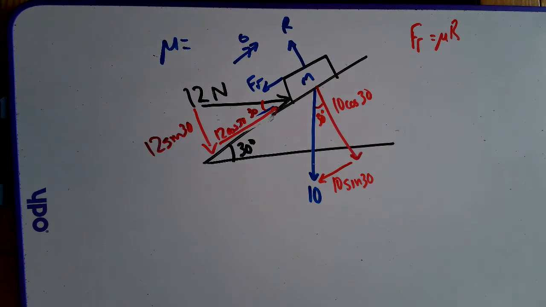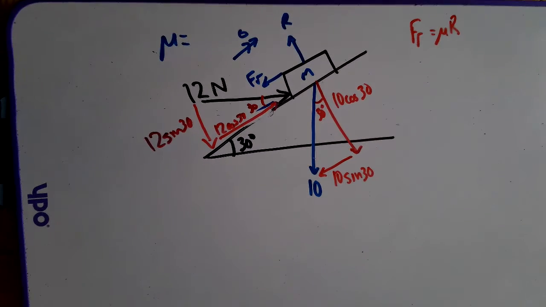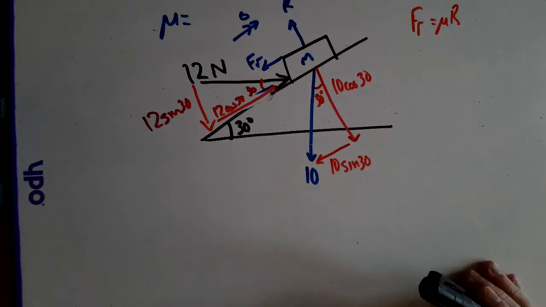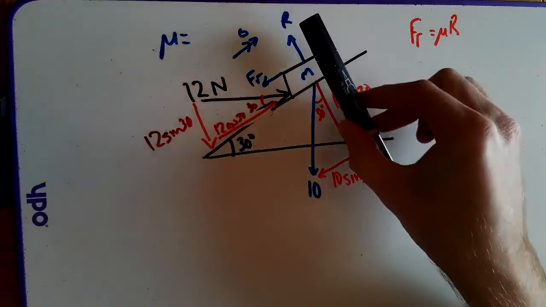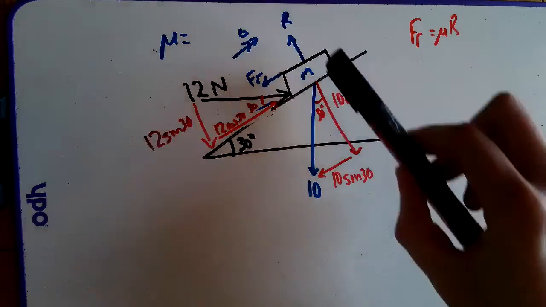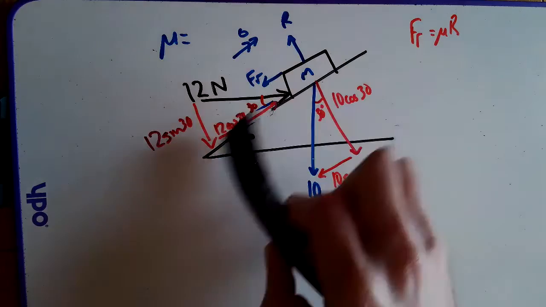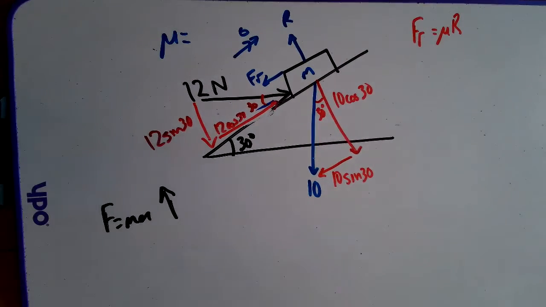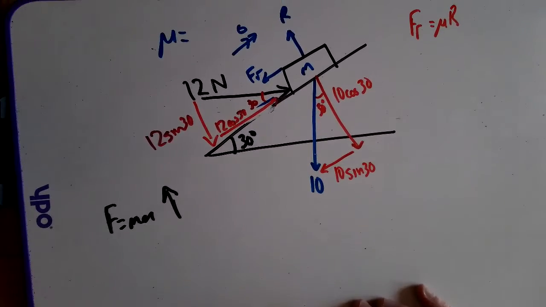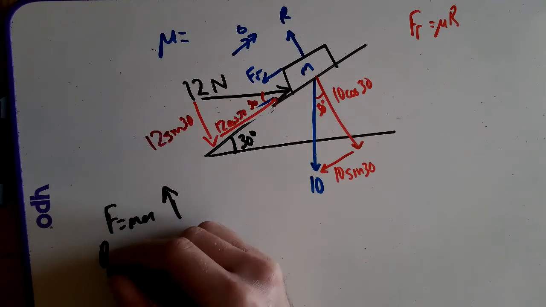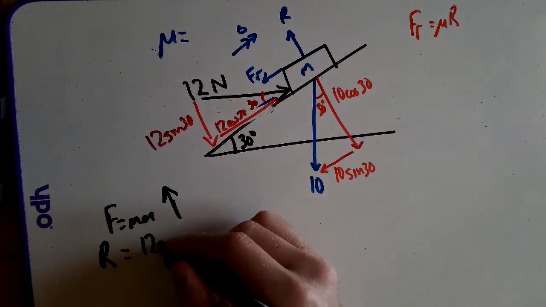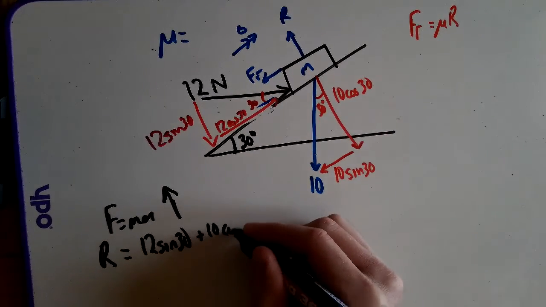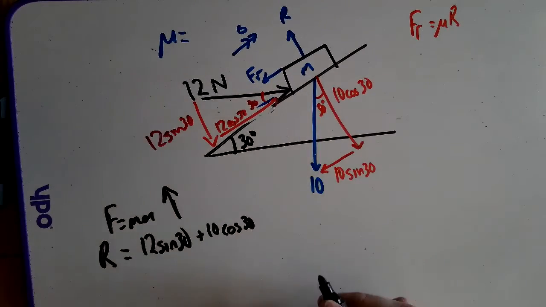Yeah, so I've got all my forces on now at the angles I want them. So again, now it's just using F equals ma. Since there's no acceleration anywhere up the plane or perpendicular, I can just do up equals down and up equals down. So if I first of all just do this way, so F equals ma that way, I'll get R. It's the only one going up, and that equals 12 sine 30, because that's going down, plus 10 cos 30, because that's going down as well.